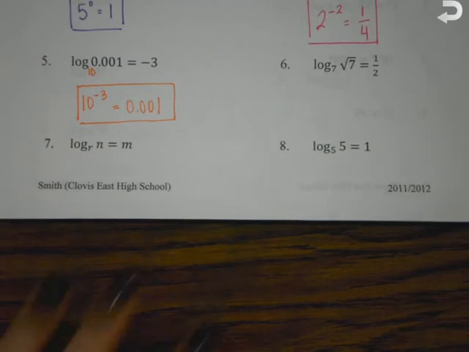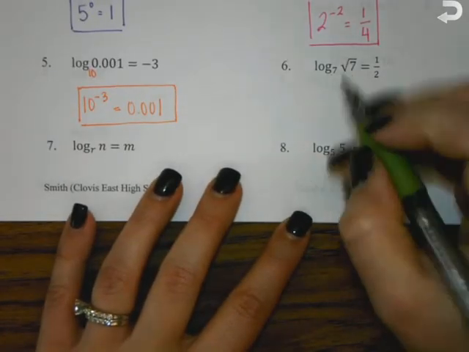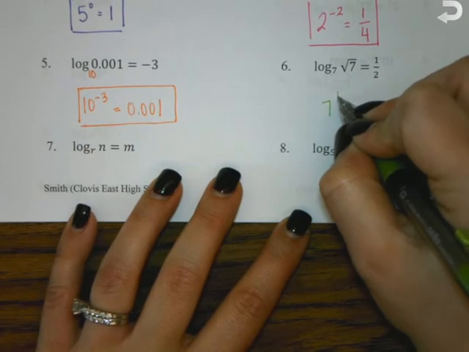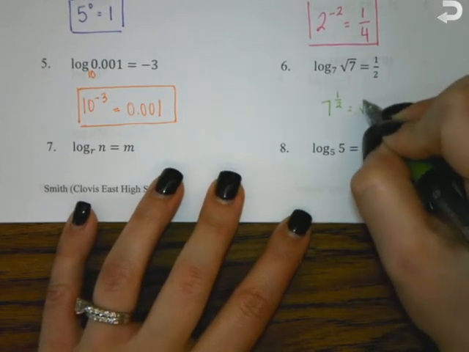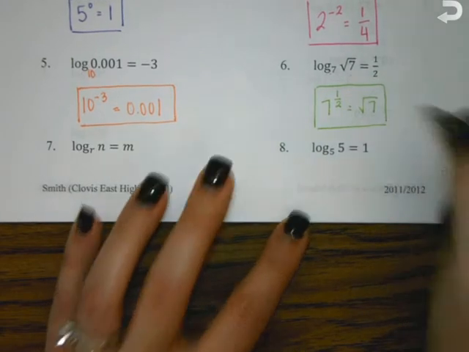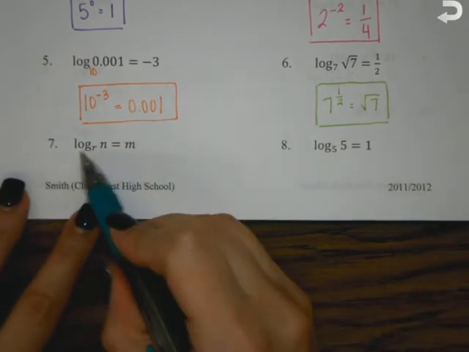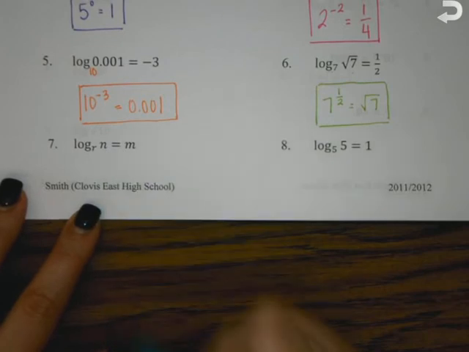We have log base 7 of root 7 equals 1/2. What did you get? 7 to the 1/2 equals root 7. True? Okay. What about number 7? There are no numbers in here at all, but you can still do the exact same thing with variables. So we have log base r of n equals m. What's your base? r.